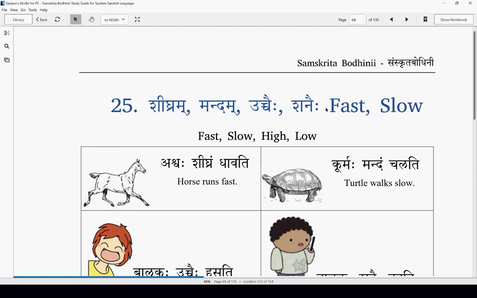It is describing the kriya padam. So in Sanskritam, adverb is called kriya visheshanam. Adjective is called visheshanam, which describes the noun. Like Sundaraha Balakaha, where Sundaraha is visheshanam, adjective to Balaka. But here it is kriya visheshanam, adverb, describing the kriya padam. Shighram Dhavati, it is moving fast, running fast. So fast is the adverb here. Shighram, Mandam, Uchchaihi, Shanaihi.